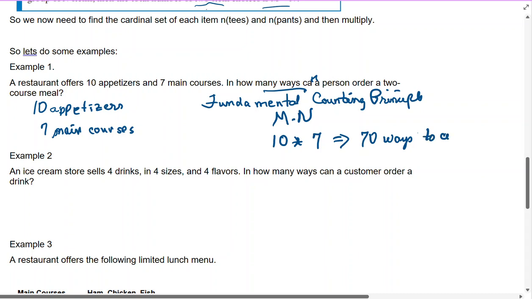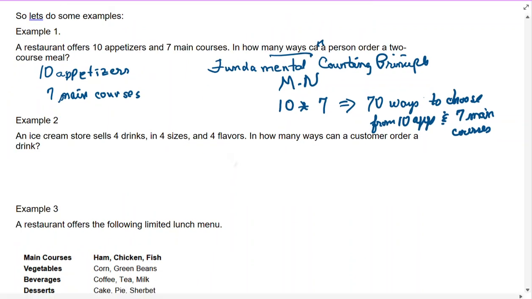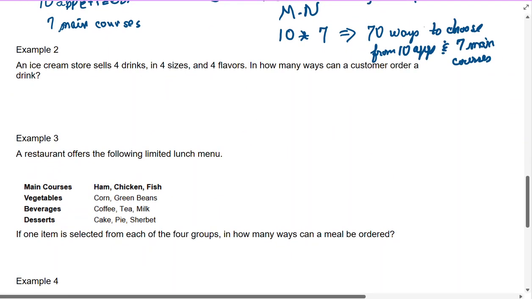An ice cream store sells 4 drinks in 4 sizes with 4 flavors. In how many ways can a customer order a drink? So we have 4 drinks possible.